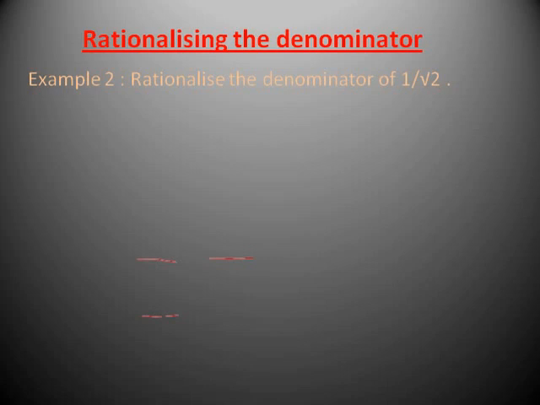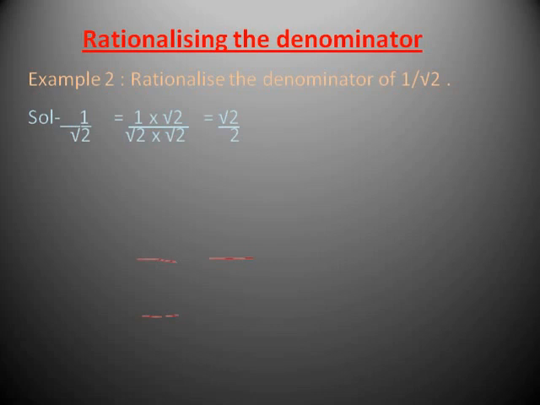Here the denominator is irrational, so we will rationalize it. Just see the example 1 upon root 2. So to rationalize the denominator, we multiply the numerator and denominator of the real number with the irrational number written in the denominator.